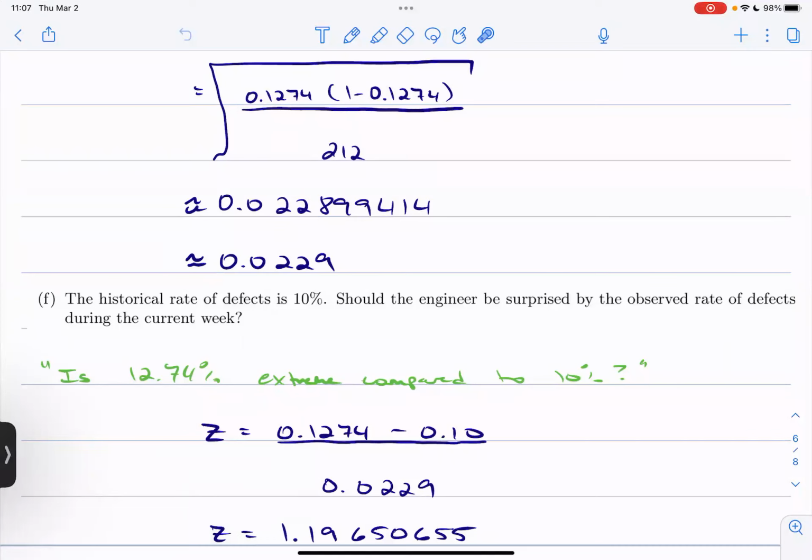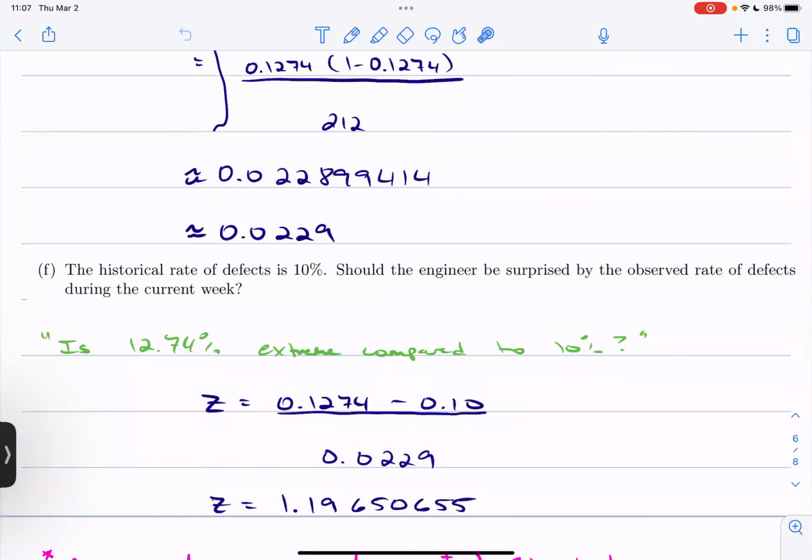Okay, so then we said, okay, there's some variability in my p hats, and so if the historical rate of defects is 10%, and we saw 12.74%, what we wanted to know is, how does 12.74 compare to 10%? I think as a group, our gut reaction was, oh, that's pretty big.